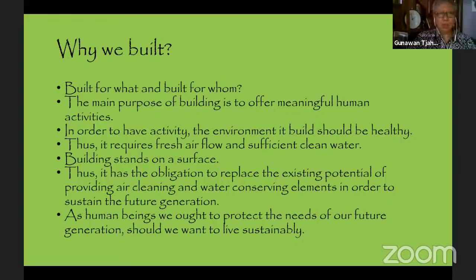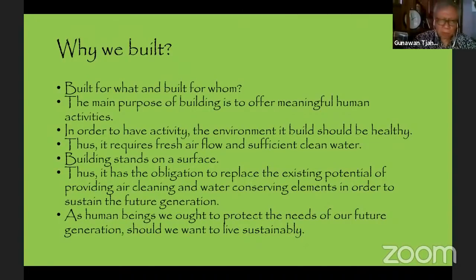Hence, it requires fresh airflow and sufficient clean water. Building stands on a surface. Thus, it has the obligation to replace the existing potential of providing air, cleaning, and water conserving elements in order to sustain the future generations.